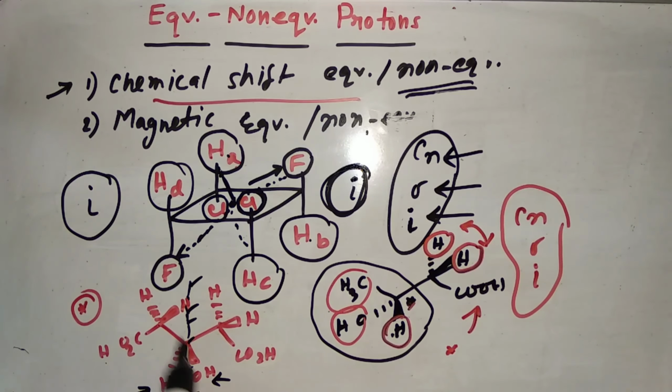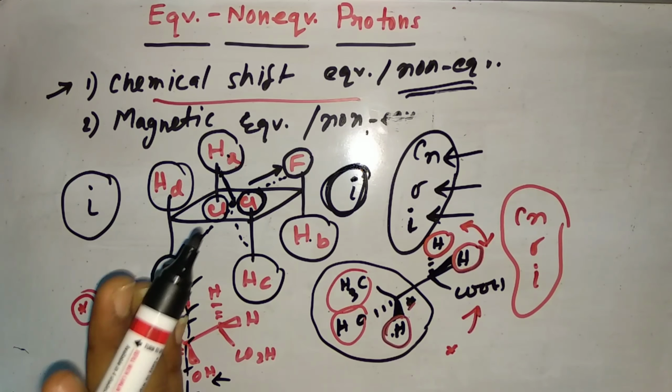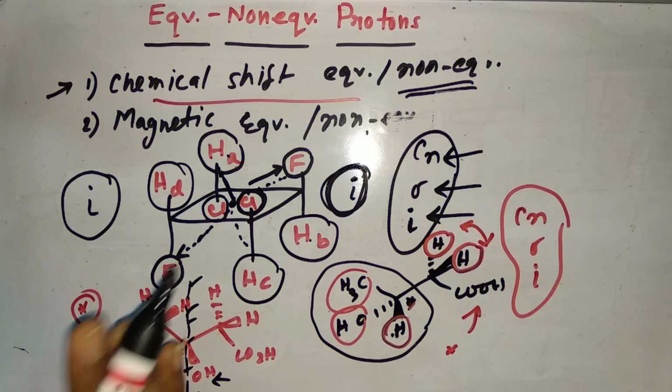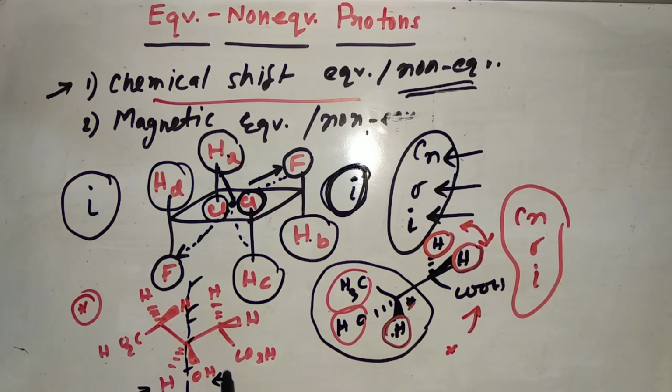Since a sigma plane is present in the system, this makes the molecule achiral. Although it has the sigma plane, we may consider two protons, this one and this one.